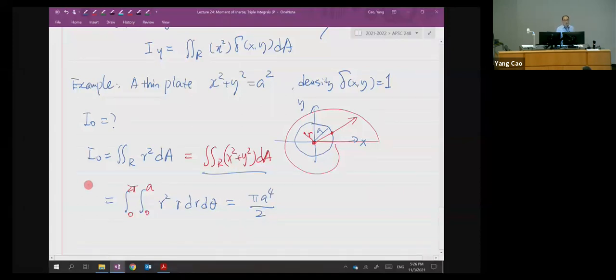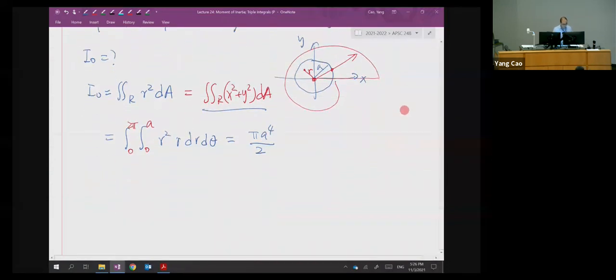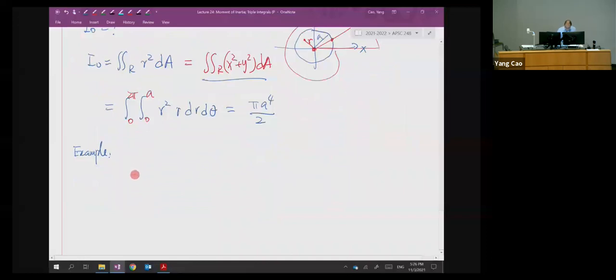So now let's make it just a little bit more difficult. Suppose this is the same thin plate with the radius of a. Now I'm interested to find the moment of inertia of this thin plate with respect to this axis, E prime axis, for example.